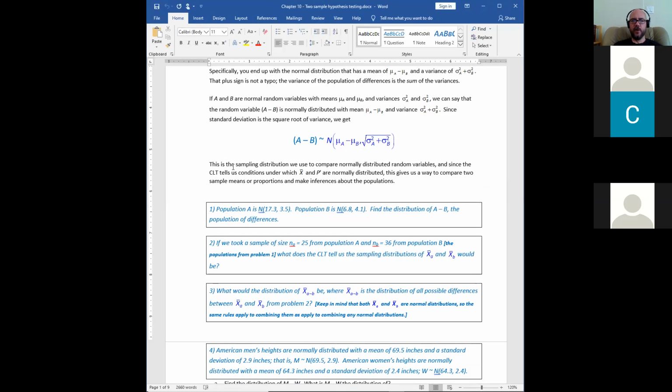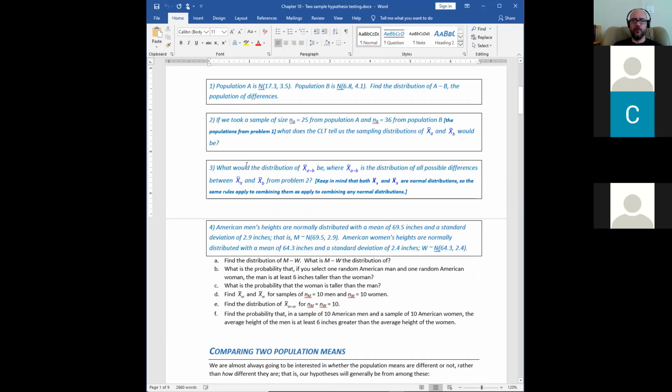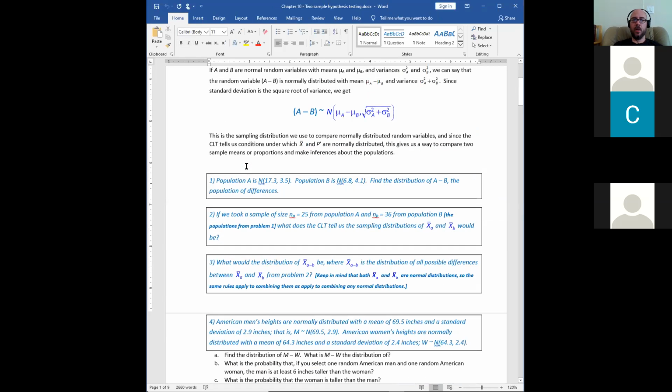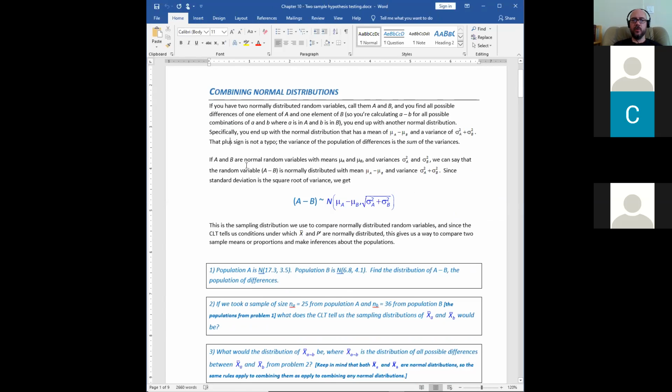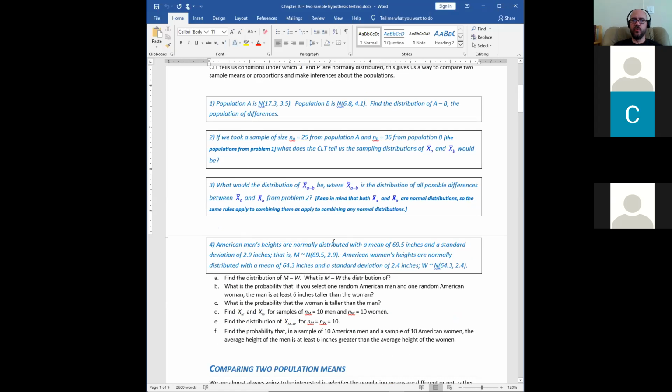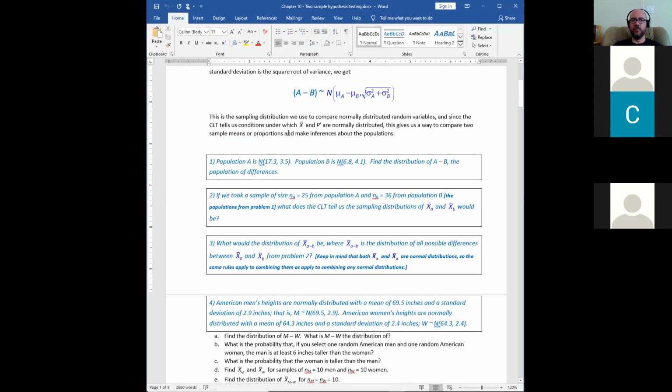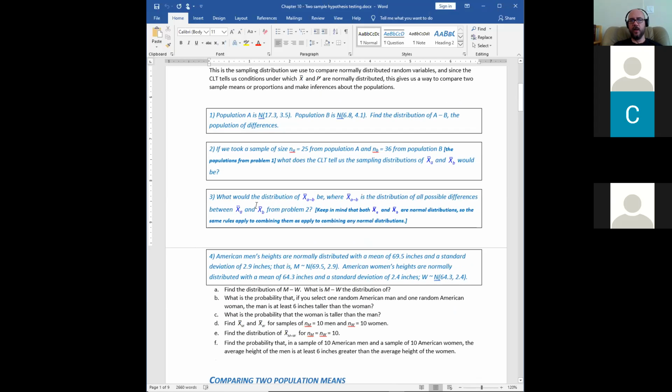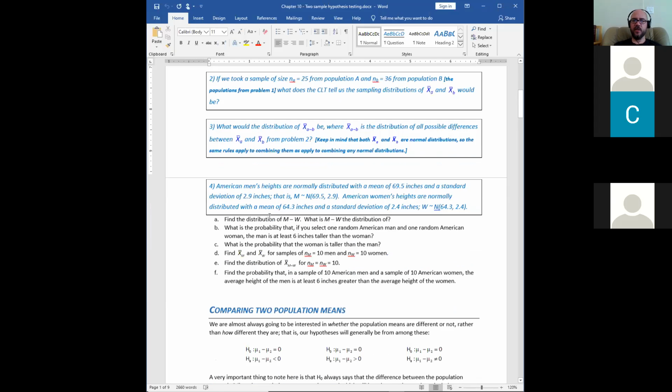Okay, so if we're doing a simplified rundown, then I'm going to skip over questions 1 through 4 on the worksheet. Those are an introduction to how the formulas are made, but are not actually the things that we do ourselves. This was just how you combine normal distributions, and the standard deviation of that sampling distribution is our standard error, the thing in the denominator.